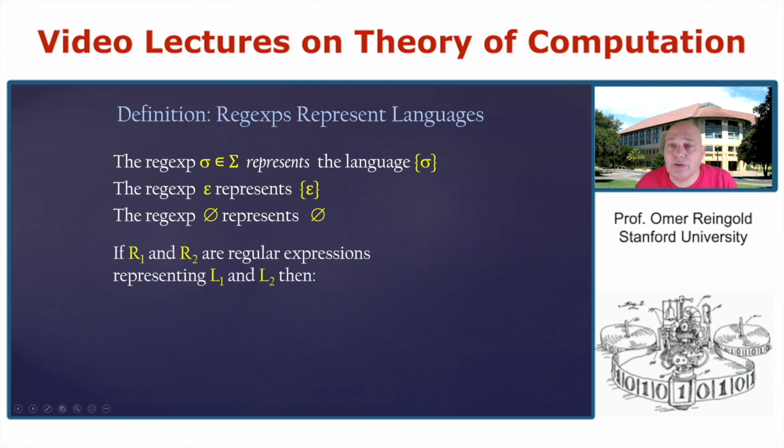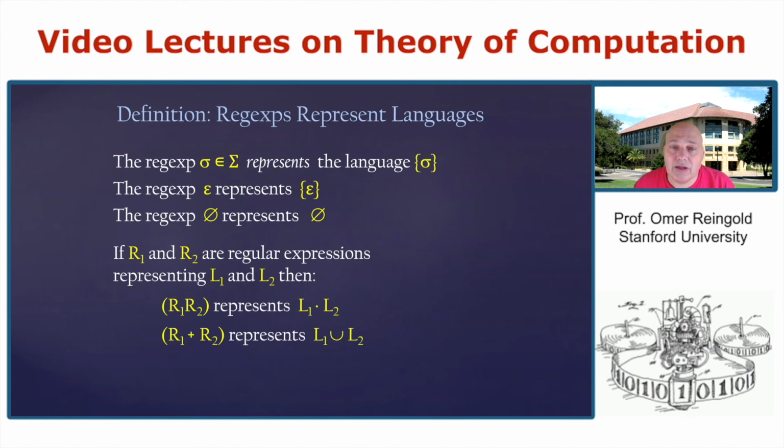Now we need to define what more sophisticated, more complicated regular expressions represent, and we add three operations, and we'll go one by one and say what they represent. So if R1 and R2 are the regular expressions that represent the languages L1 and L2, then R1 times R2 represents the concatenation of L1 and L2.